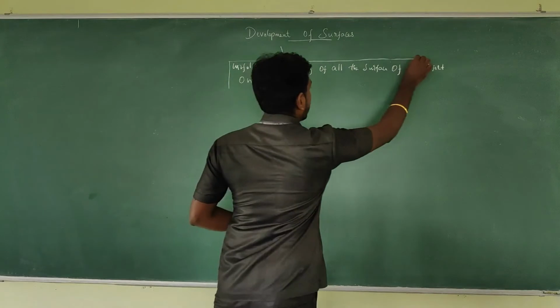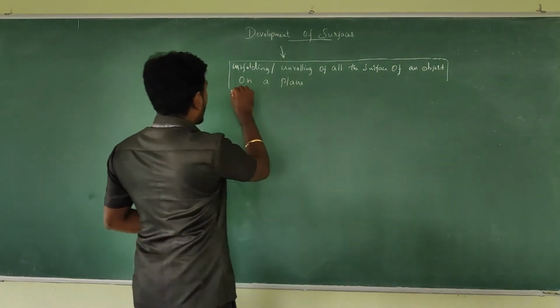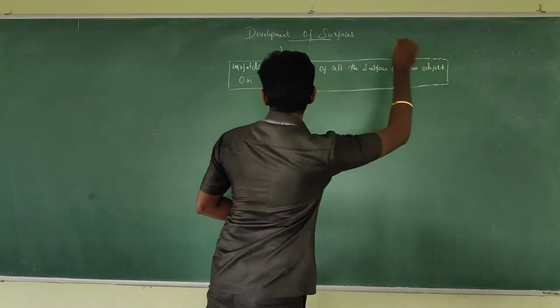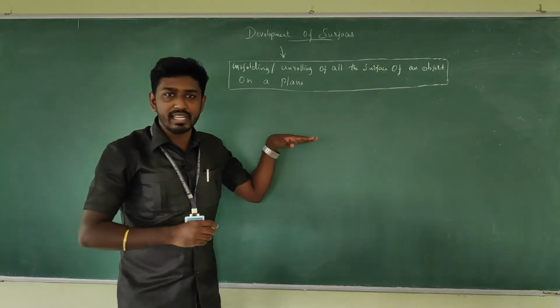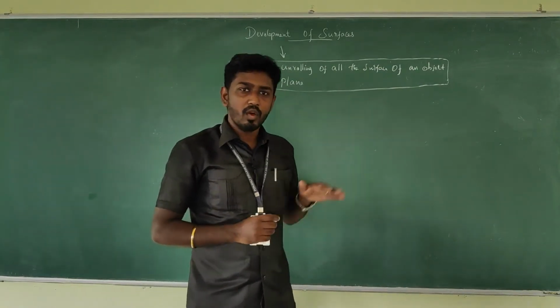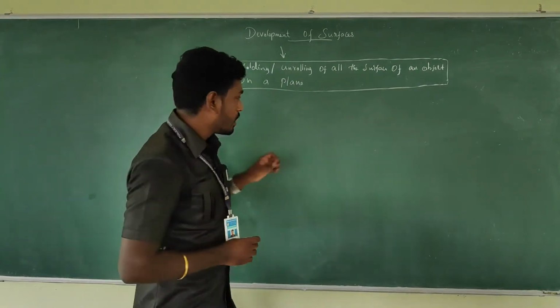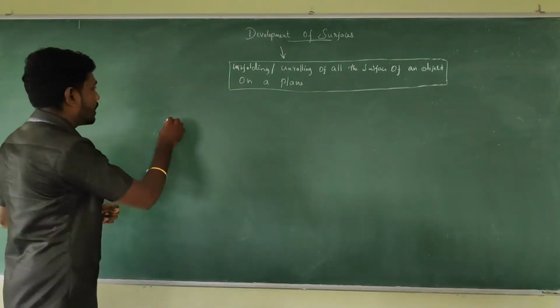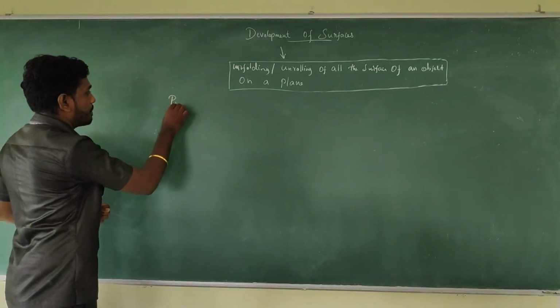Unfolding or unrolling of all the surface of an object on a plane, we call it a development. What does it exactly mean? I can show the example by showing the prism.